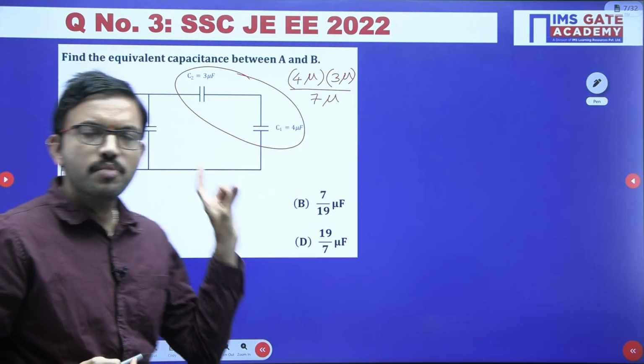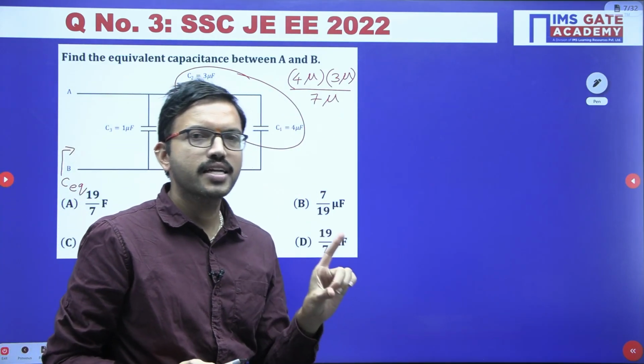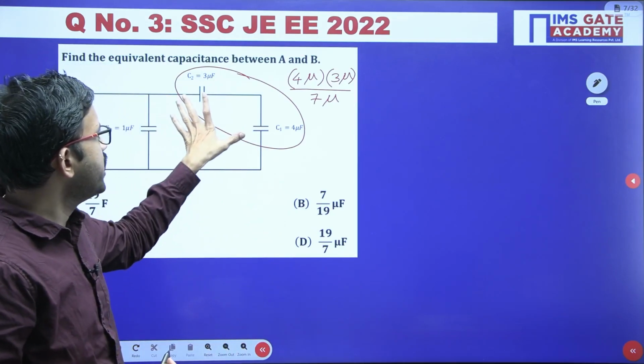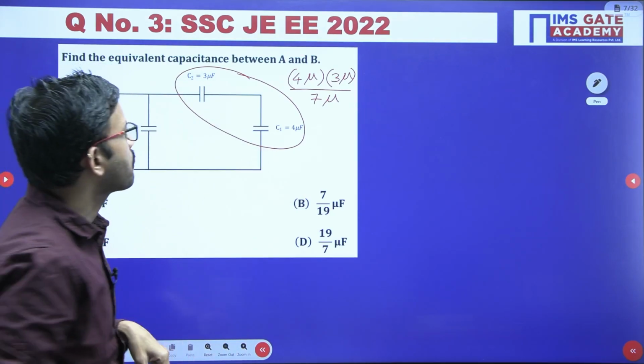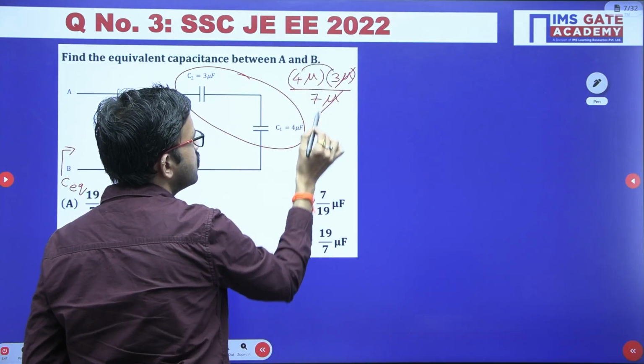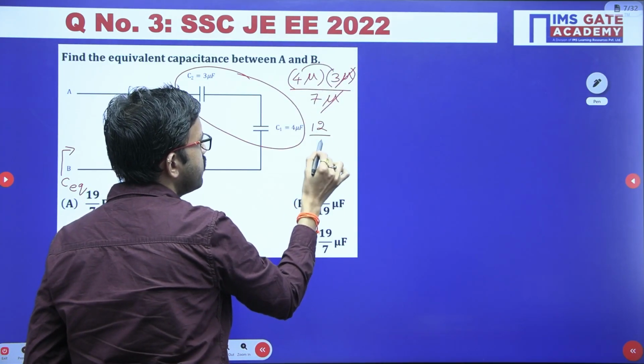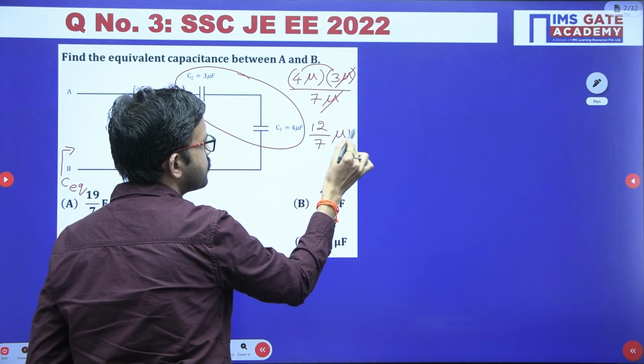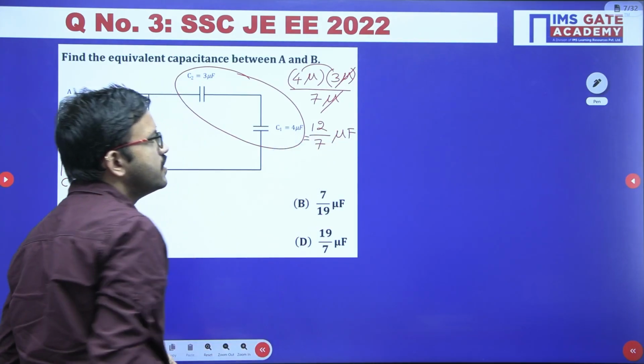Whatever formula you got for resistors in parallel, a similar formula applies for capacitors in series. The micro gets cancelled. 4 3s are 12, so 12 divided by 7 microfarad.